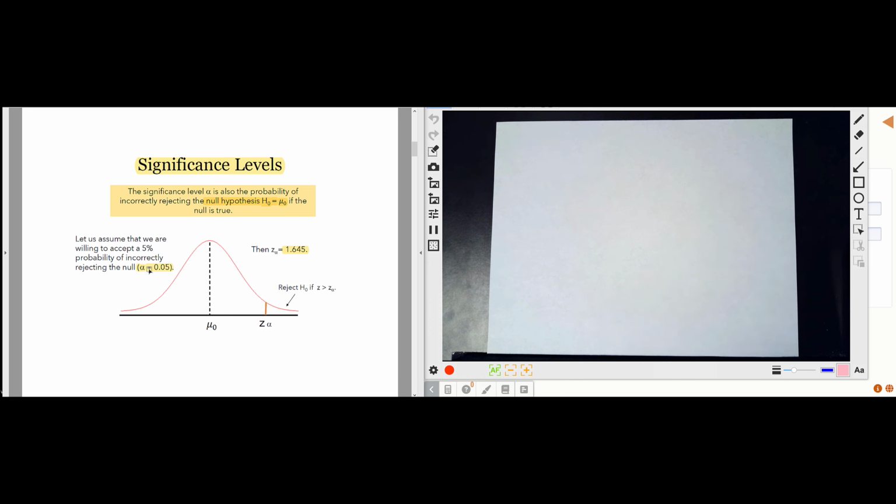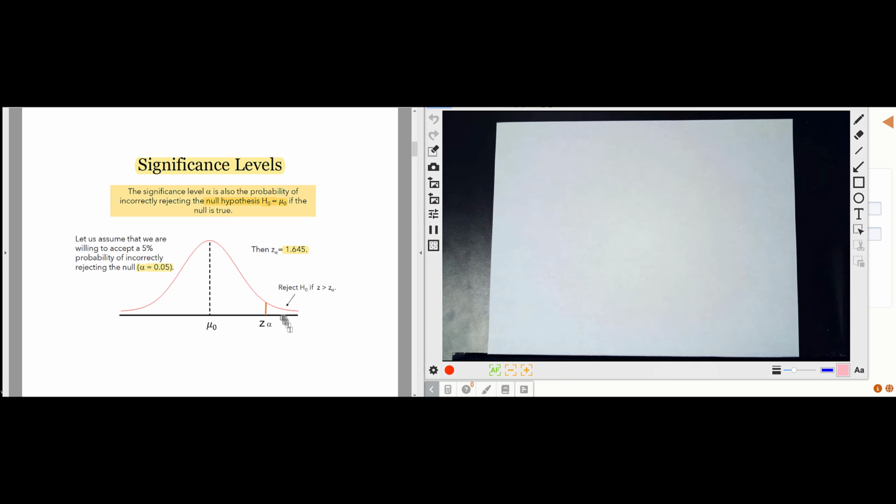But what have we done? We have now rejected a true null hypothesis because by bad luck, we selected a sample whose mean was far away from the true mean.